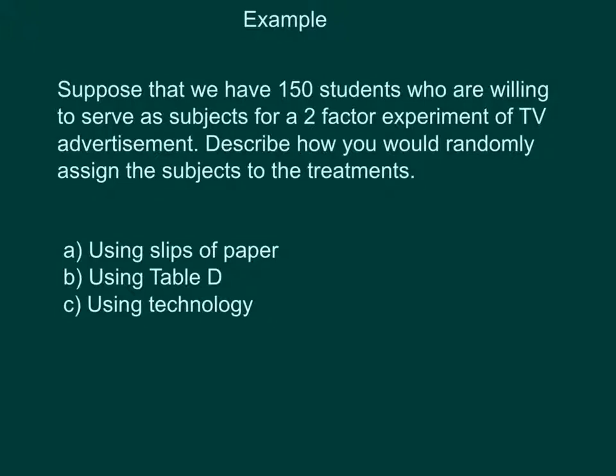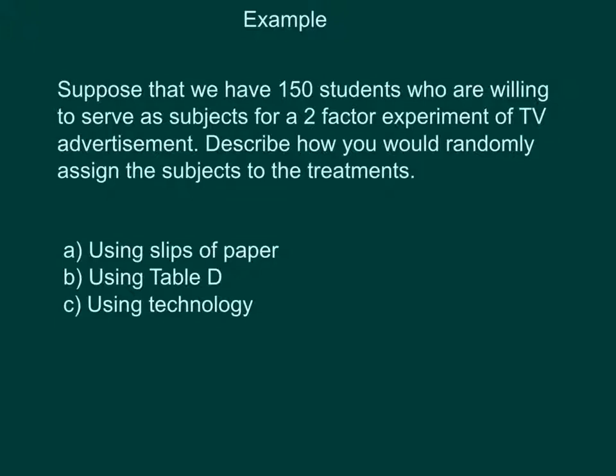Okay, for B, using Table D, you need to assign each student a number between 001 and 150, and then pick a spot on Table D, and then read the first 75 numbers between 001 and 150, and assign those objects to treatment 1. Do the same thing for treatment 2. Assign 75 different people to treatment 2.